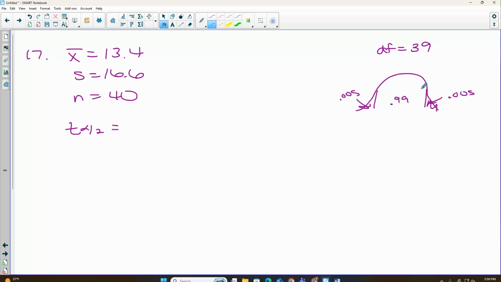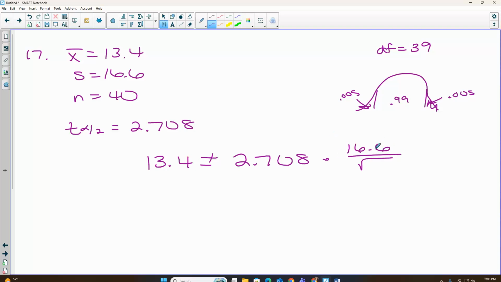So we would get 2.70. And so then if you were working it by hand, it tells you on your formula sheet it's x-bar plus or minus your t times s over the square root of n. So you can certainly do it by hand.